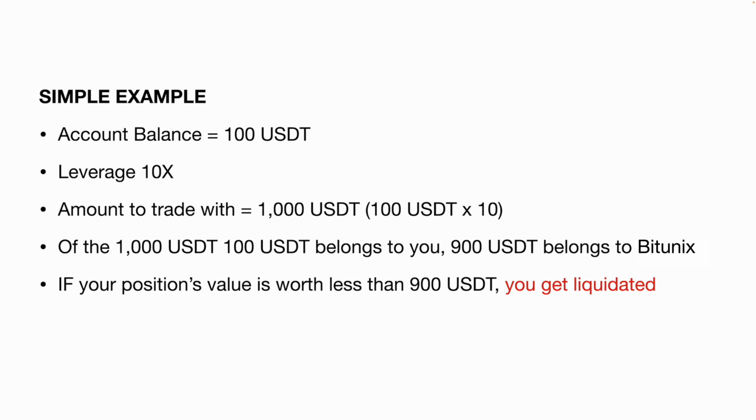If or when the market value of your trade becomes 900 USDT, then you get liquidated, meaning that you're forced out of your position and Bitunix takes your 100 USDT and the 900 USDT is returned back to them. This should make sense because you only had 100 USDT to play with. Bitunix just let you borrow 900 USDT, which you have to pay back plus any interest.